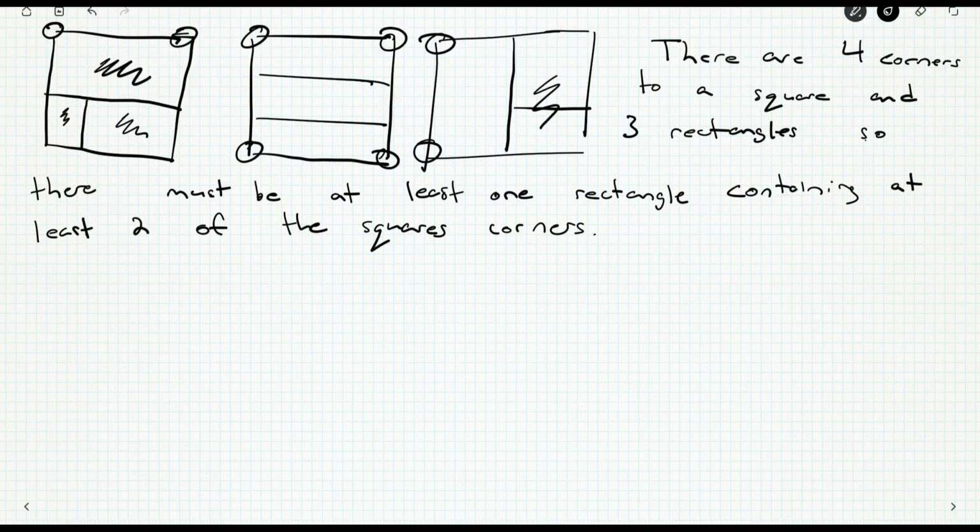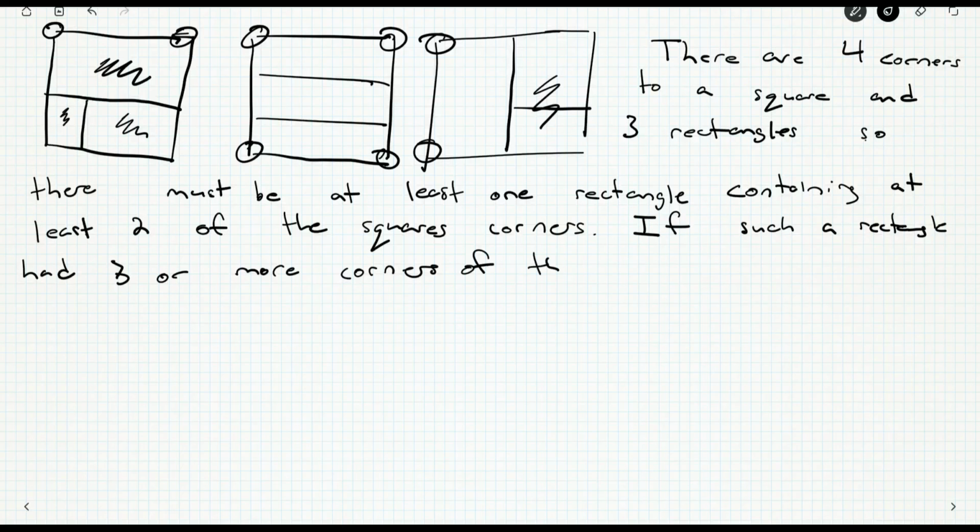So, if such a rectangle had 3 or more corners of the square, then it would have all 4.